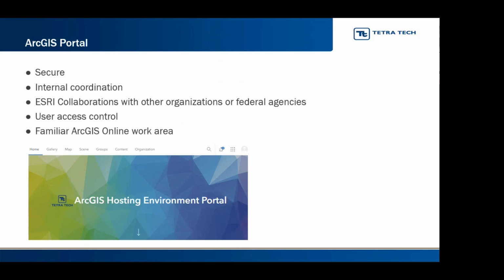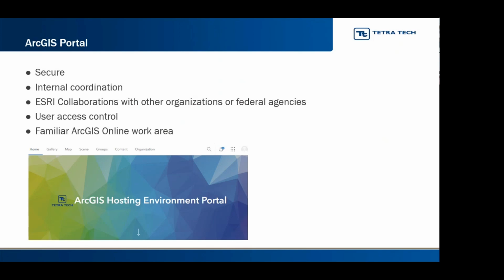And for sharing, we have the usual suite of Esri options. We have gone with Portal for a number of reasons. Portal is very similar to the traditional Esri online environment, but Portal is hosted through your agency's network rather than through the Esri online network.